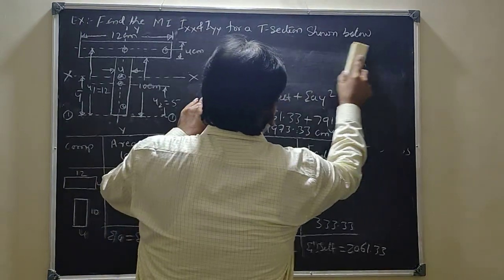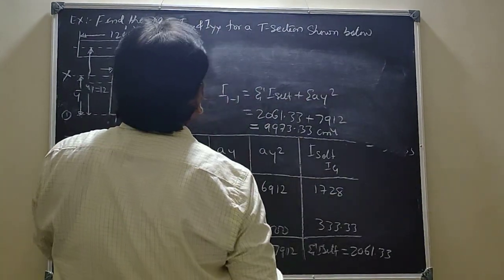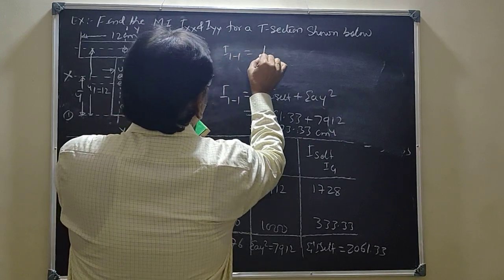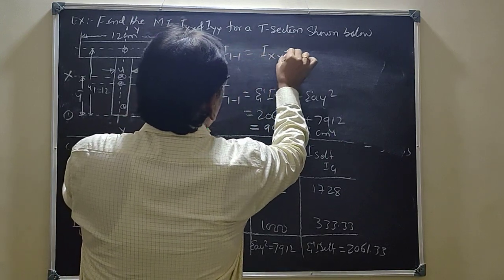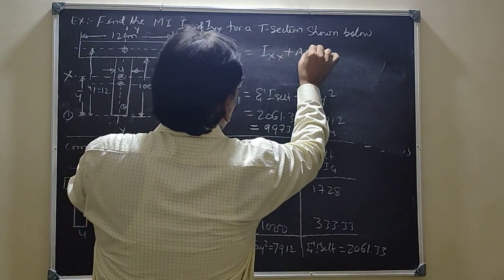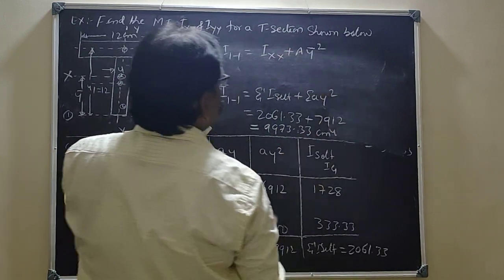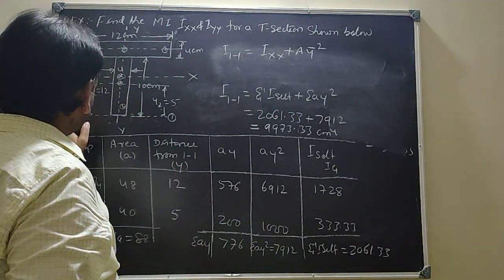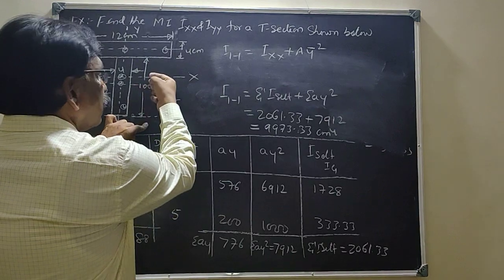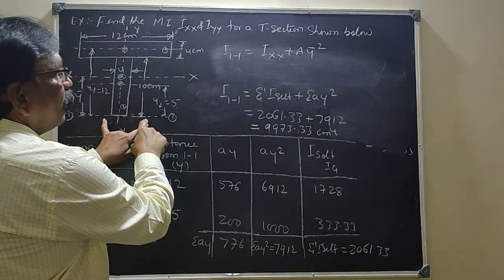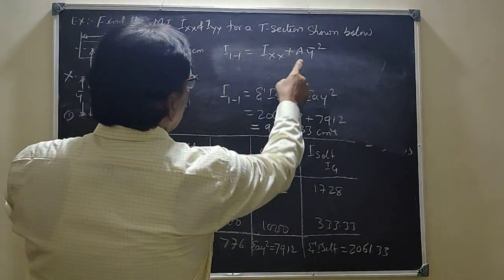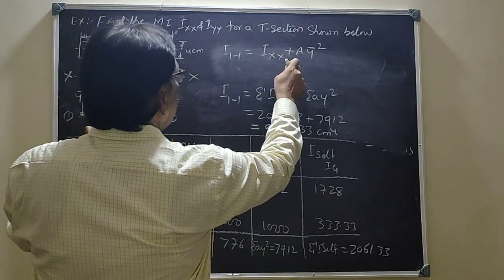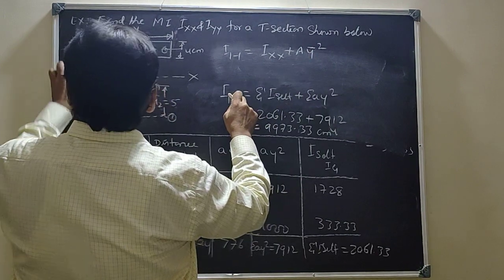So now again applying the parallel axis theorem, I11 is equal to Ixx plus a y bar square. That means now we know the moment of the whole section about this, and I want to transfer it according to the parallel axis theorem. The area is the total area and the distance to be transferred is y bar.